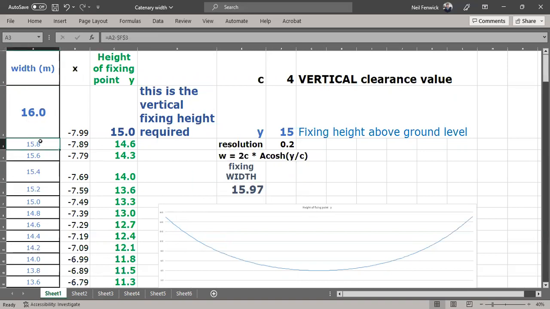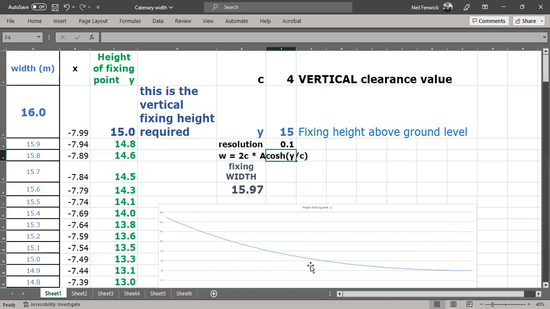We then have a resolution, so this column here is the width. We've got a step change in the width of 0.2, which can be altered there. For example, we can change that resolution to get a finer calculation, but then we obviously have to change the size of the plot. If we put it back to the original 0.2, it will plot out our U-shape.